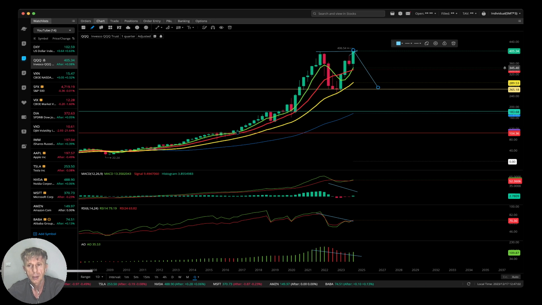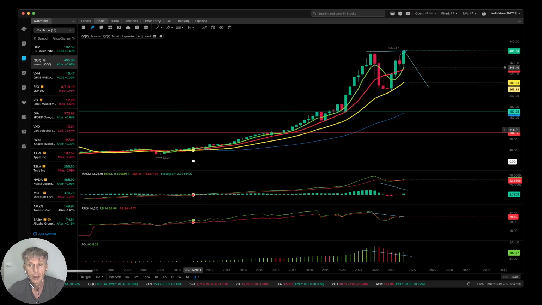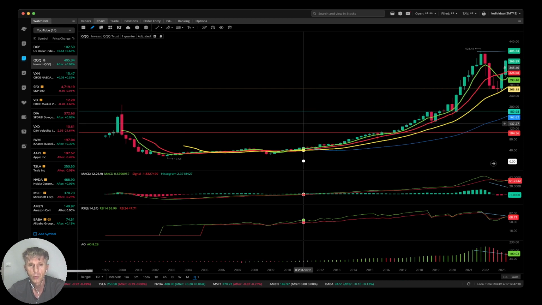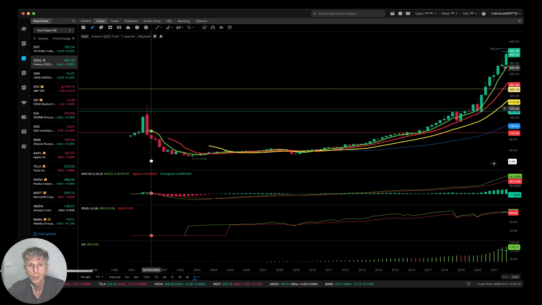It is previous. Yeah, and the previous high was green line. That's what will be normal correction. Yes, this one was 2000.